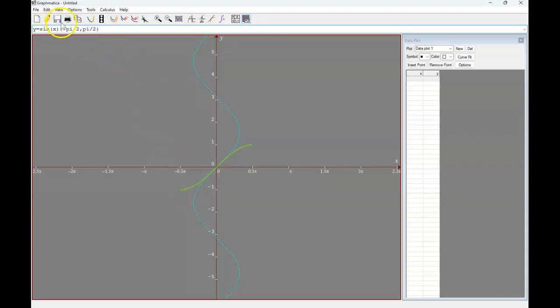What did you do to restrict the domain? I just cut off the rest of things. Let's make that a different color. So if I look at this red, I know the range of sine goes from -1 to +1, correct? So I'm going to ask, where does this take on the value of -1?